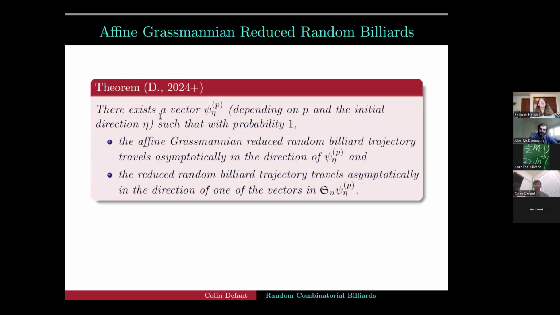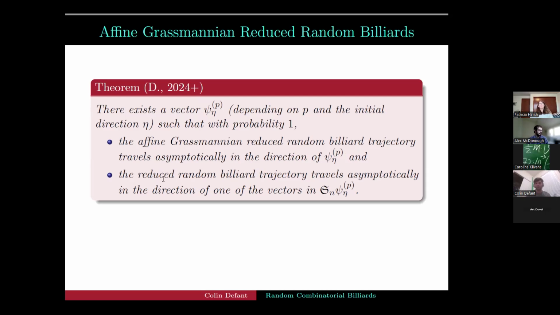Okay. So the theorem is, well, it's basically what I was just trying to illustrate. There is some vector, which I'll call psi eta p. So this depends on the fixed probability p, and it depends on eta, which was this initial direction that I chose to shine my beam of light at the beginning. So I have this vector psi eta p, and it has the property that with probability 1, when I run the affine Grassmannian reduced random Billiard trajectory, it must travel asymptotically in the direction that this vector is pointing.